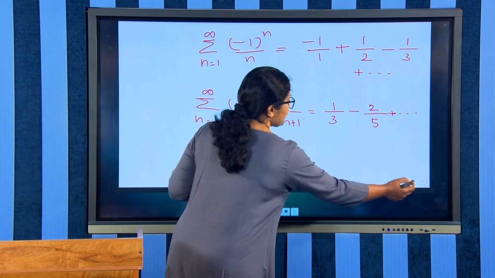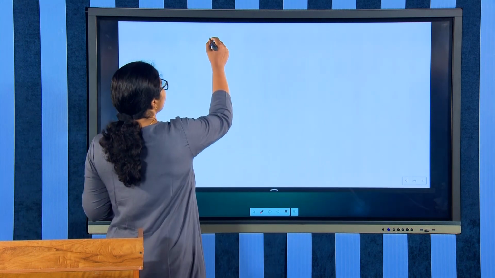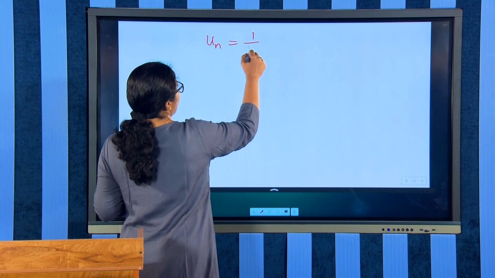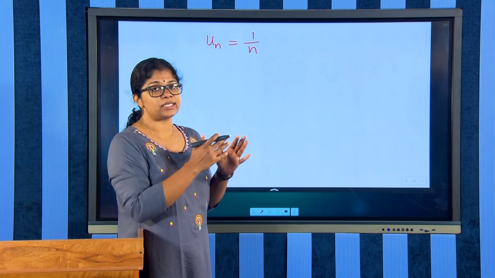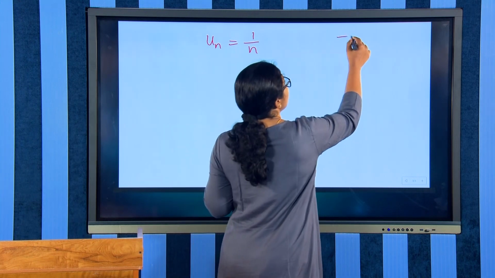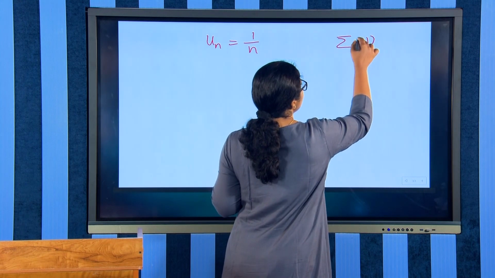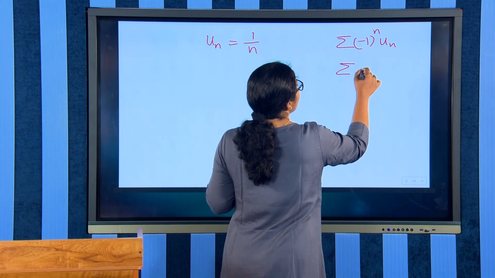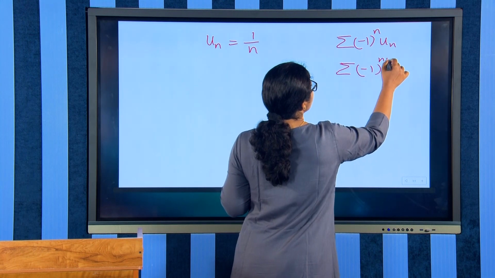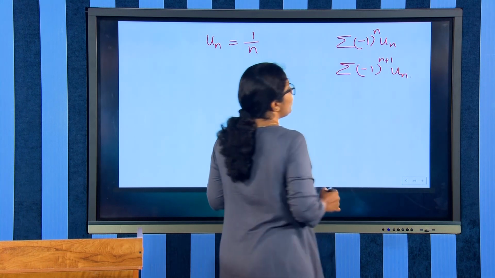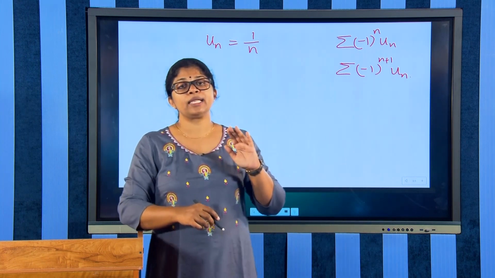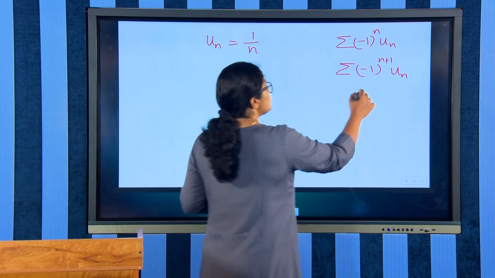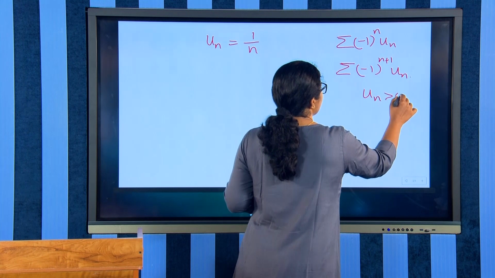The nth term of the first series is u_n equal to 1 by n. Remember that whenever you write an alternating series, we will be using the expression (-1)^n u_n or (-1)^(n+1) u_n, where u_n is strictly positive, that is, u_n is always greater than 0.